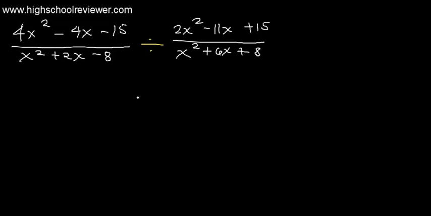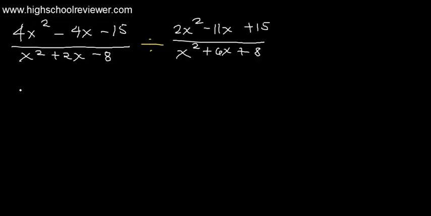To divide rational algebraic expressions, we are going to multiply this by the reciprocal of this algebraic expression. Meaning to say, we are going to multiply this by the inverse, so this will now be on the numerator and this will be on the denominator, but this will be multiplication.